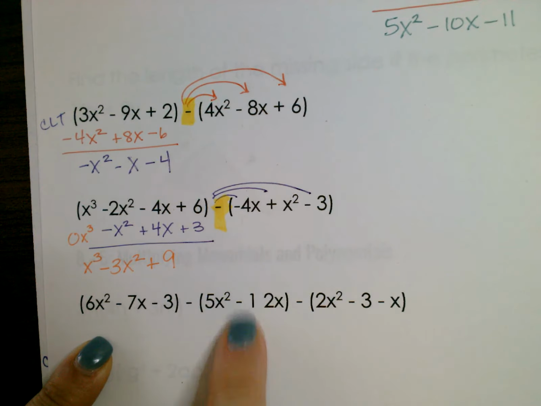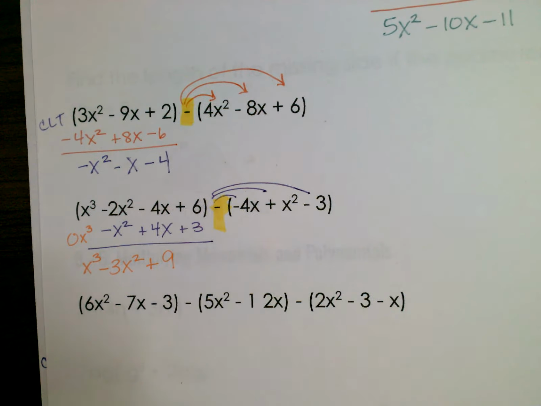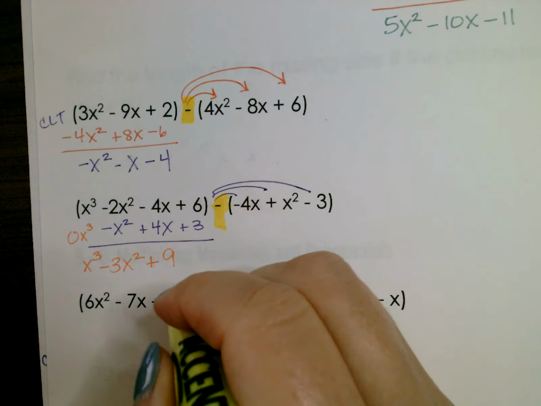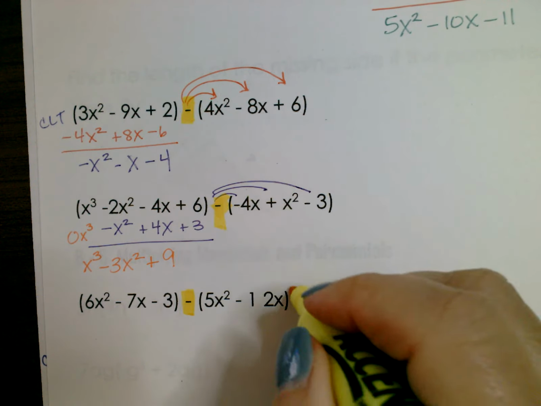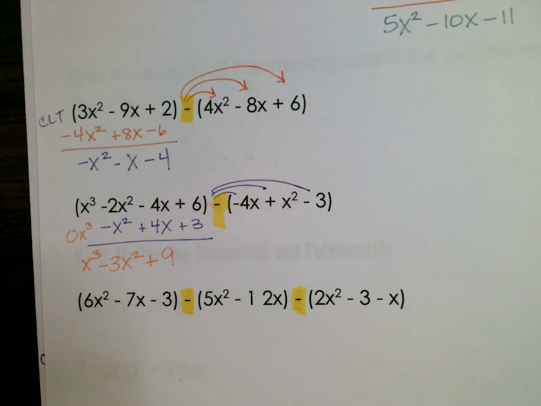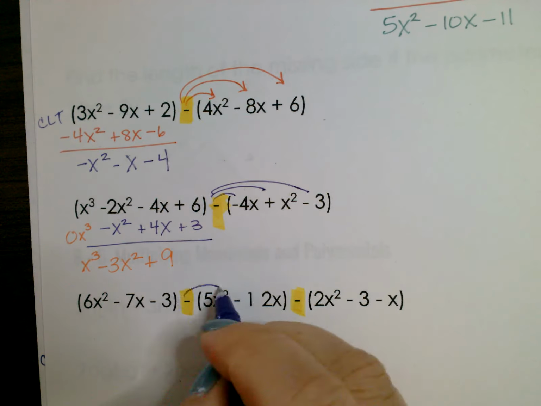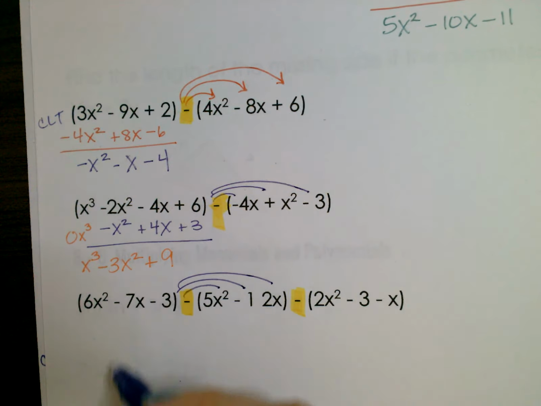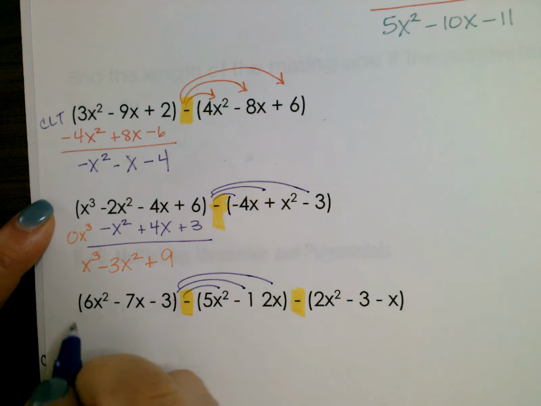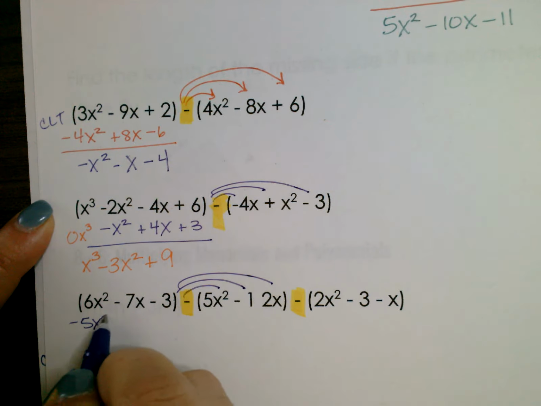Notice I have a trinomial minus a binomial, minus a trinomial. First, I will distribute that, and I will distribute that. As I write them vertically, these are already in descending order.